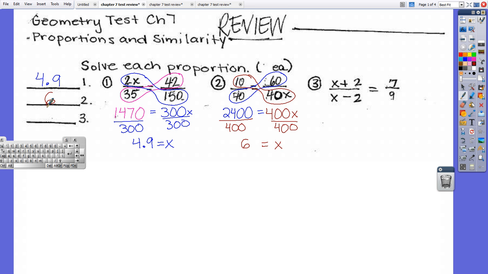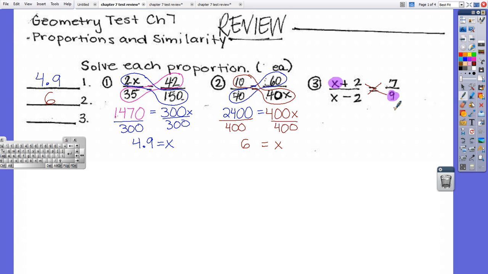Alright, and now for number 3. This is the one that seems to give most people the trouble. First I know that I'm going to multiply across like this, but I'm going to do one step at a time. I'm going to multiply my 9 times my x. That gives me 9x, and I'm going to write it over here underneath the 9.